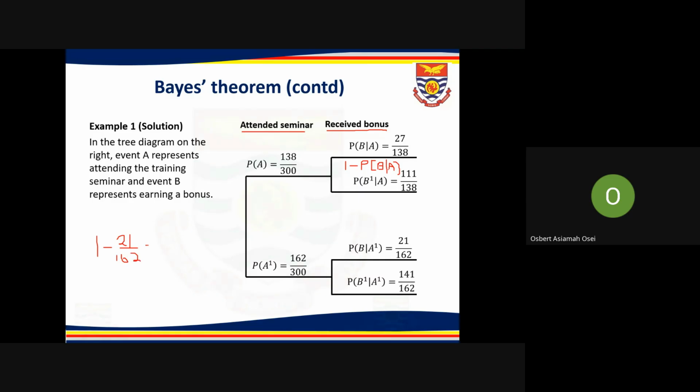And obviously, you get 141 because when you set up the LCM, you get 162 minus 21, and that gives you 141. 141 on 162. But I hope we get it.